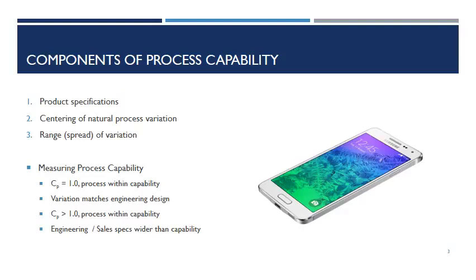Normally, companies will take a conservative approach and target a process capability of at least 1.5. Based on the formula presented here then, a process capability of 1.5 means that the engineering or sales specifications are wider than the range of the normal variation of the process. This is represented by figure 19.2a in your textbook, for example.